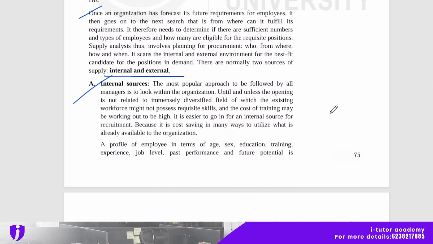It is easier to go in for internal sources for recruitment, because it is cost saving in many ways to utilize what is already available to the organization.